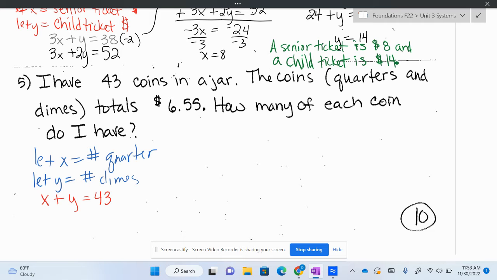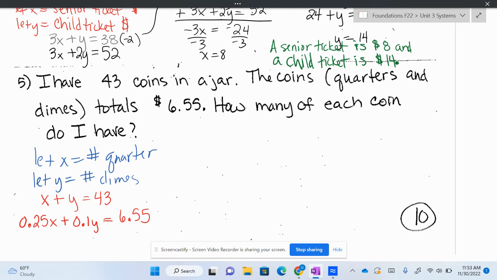What is the value of a quarter? 0.25. Good job. Because we're talking about money. 0.25 X plus, what is the value of a dime? 0.1 Y equals 6.55.